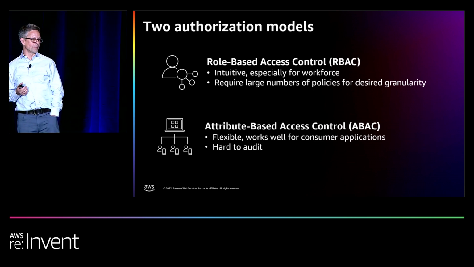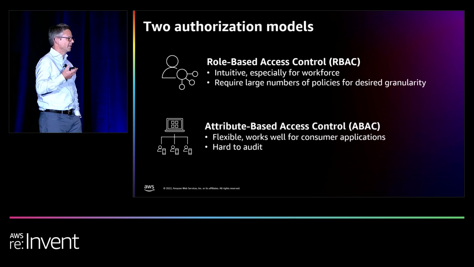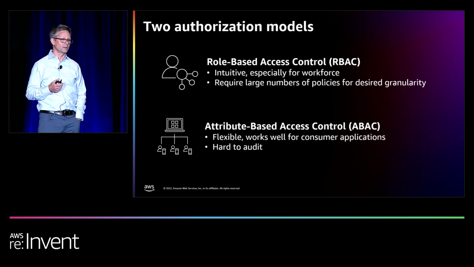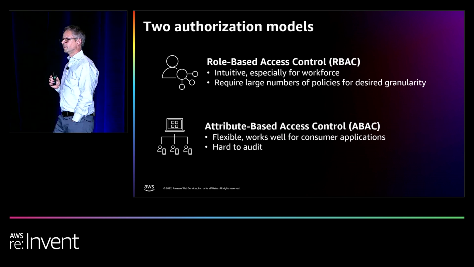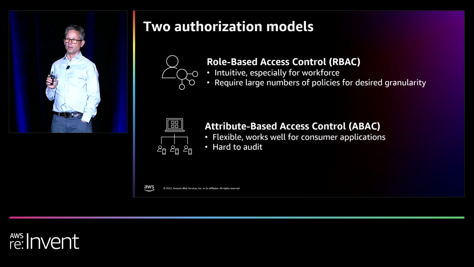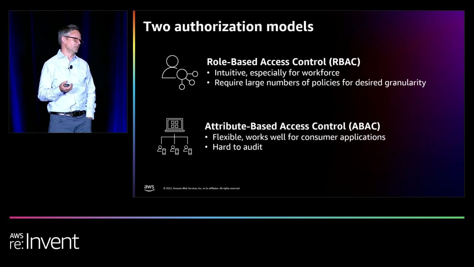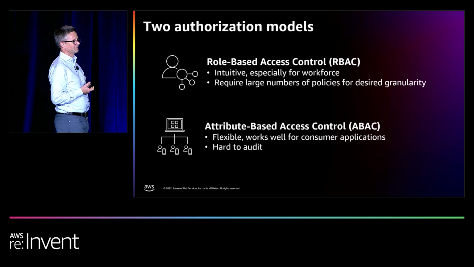And that, as you might imagine, works well in a workforce environment where employees are typically organized into some sort of a hierarchy. The challenge that we often see with RBAC-based models is as you make those permissions more granular, you get more and more roles. And we have customers who've explained to us that they actually have more roles than employees.